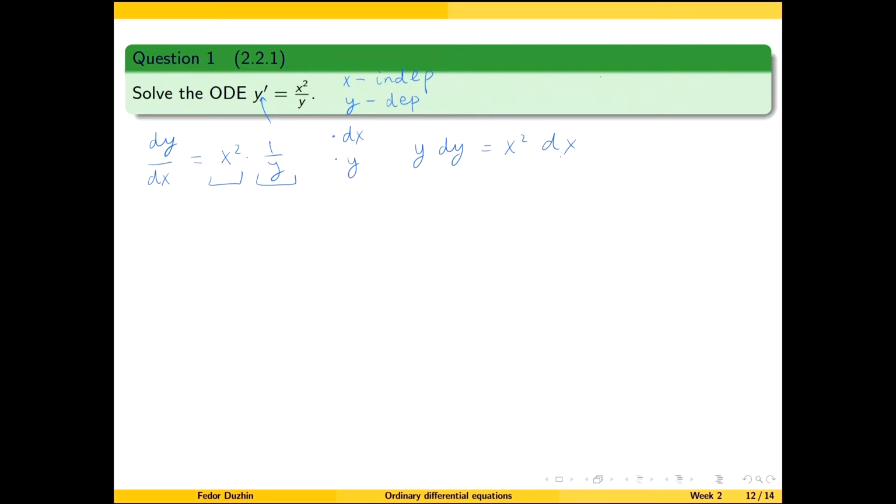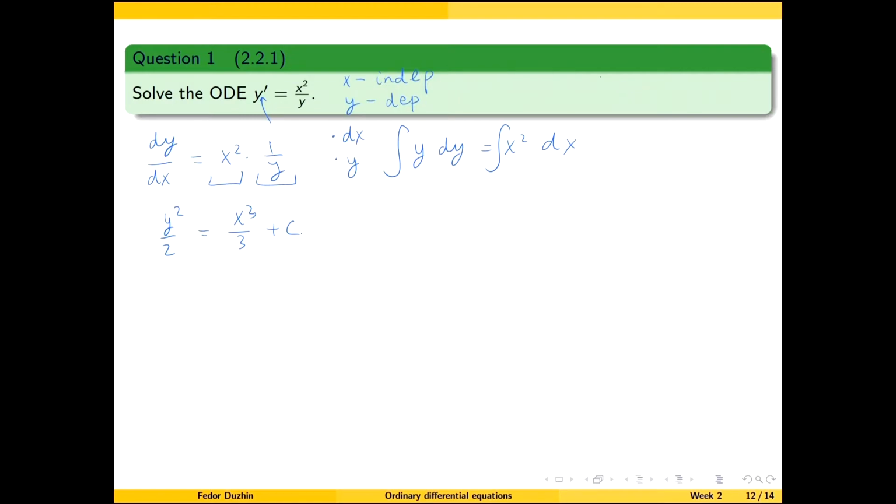So the next step is to do integration. The integral of y dy is going to be y squared over 2, equals the integral of x squared, which is x cubed over 3 plus a constant, right? We shouldn't forget the constant.